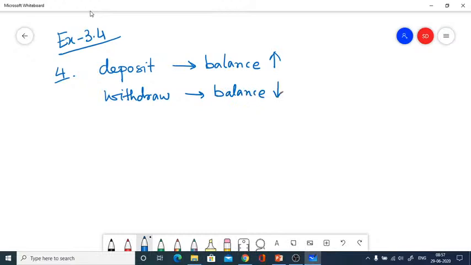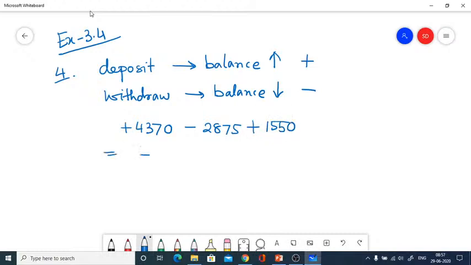So all deposits are plus and all withdrawals are minus. So Reshmi deposited, so plus 4370 in her account on Monday and withdrew 2875 on Thursday. Next day again she deposited 1550. So what is our balance?